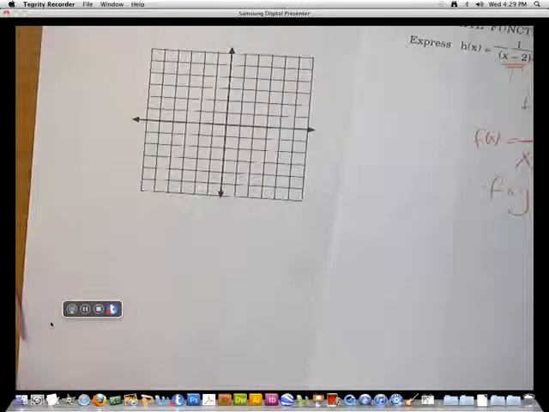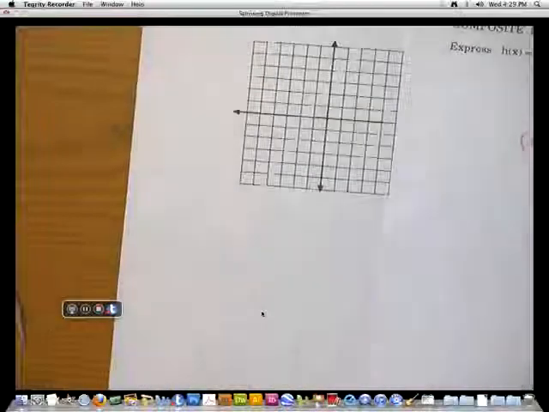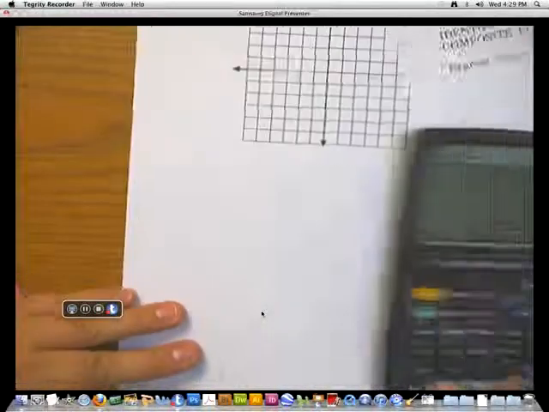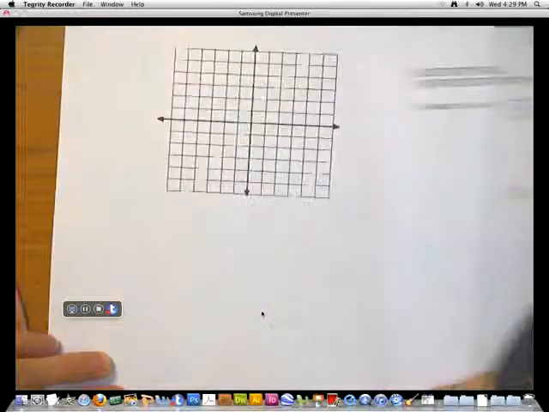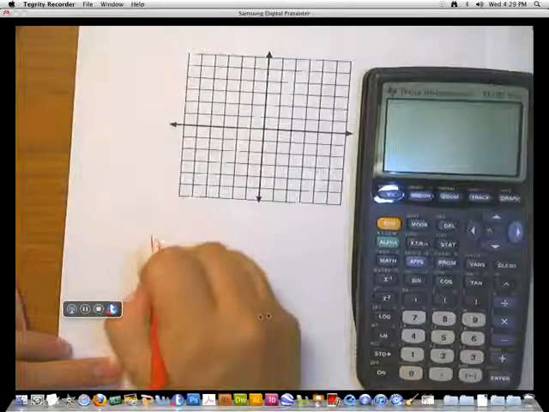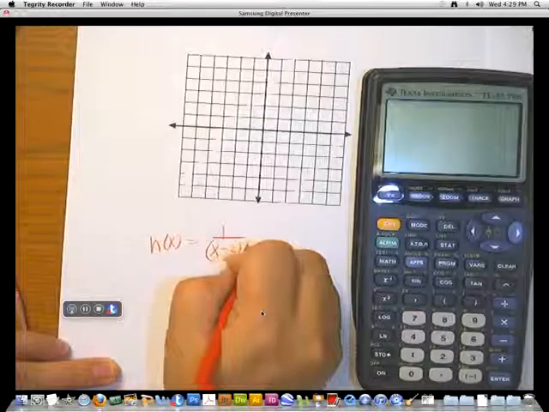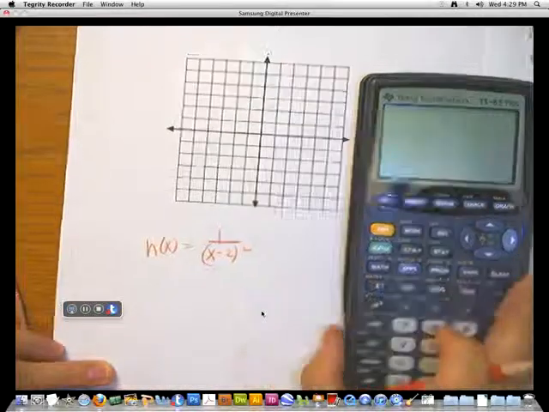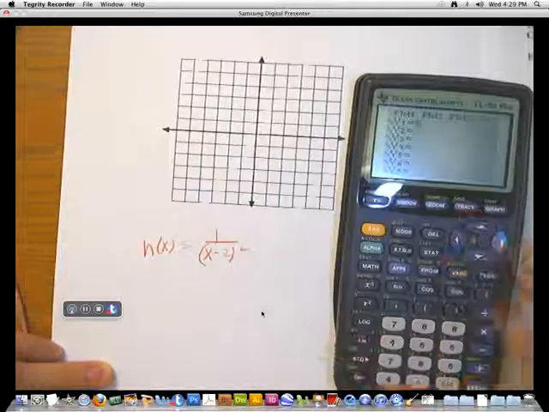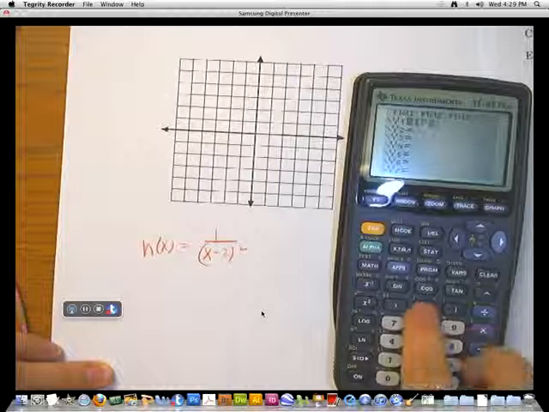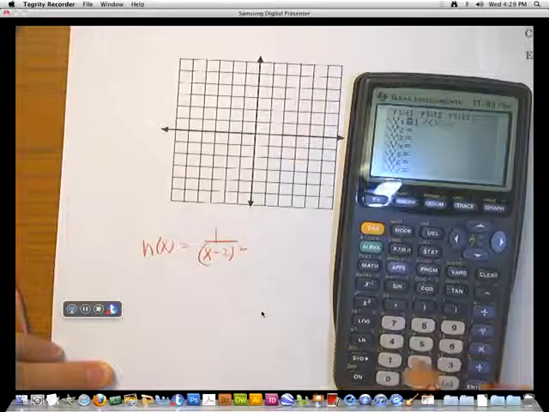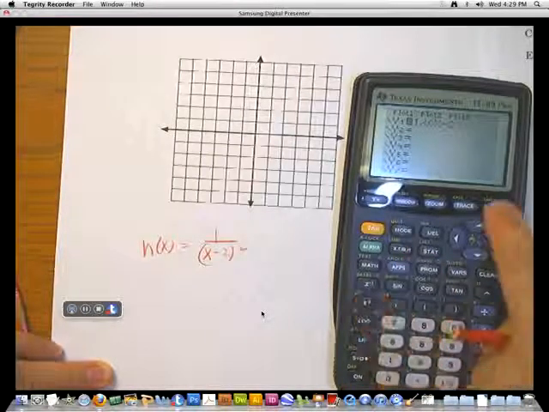That x cannot be 2. So when we look at that on our graphing calculator, we're going to look at the h equation. Plug on the calculator. Y equals 1 divided by, and then x minus 2 squared.